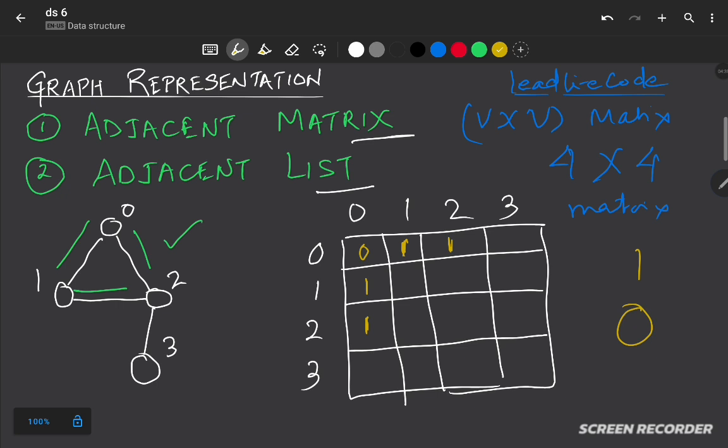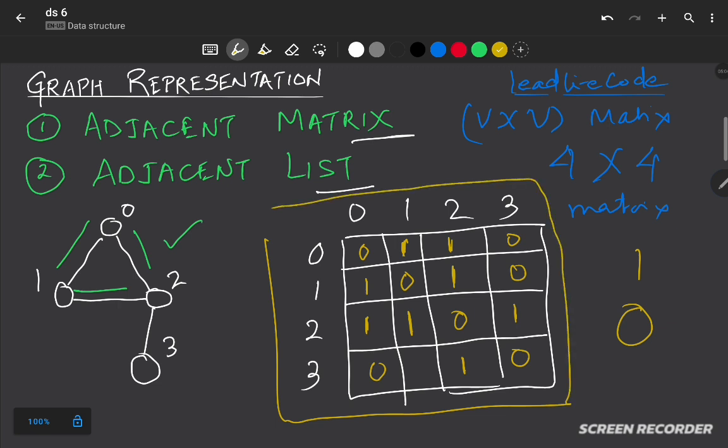Now 2 and 3, so 2 3 and 3 2, and then we have 1 2 and 2 1. So these are the ones which are connected. The others are just zeros because they are not connected. So this is how a graph is represented in the form of a matrix.